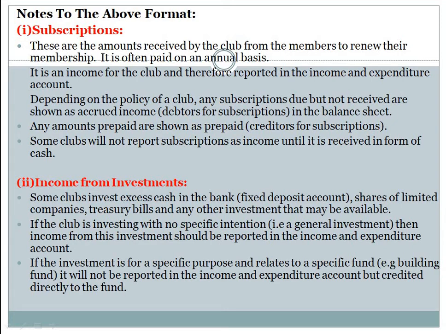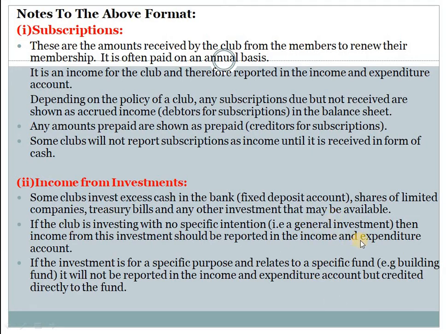Another thing you have to note is income from investment. Some clubs invest excess cash in the bank, like a fixed deposit account, shares of limited companies, treasury bills, and any other investment that may be available. If a club is investing with no specific intention, like a general investment, then income from this investment should be reported in the income and expenditure account.